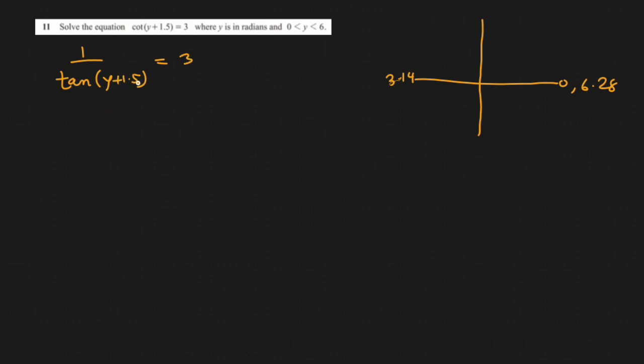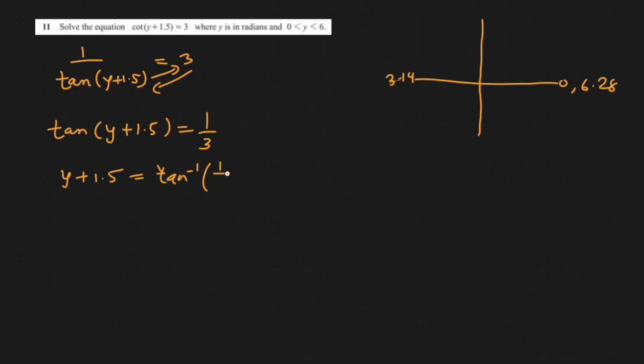So tan goes to the other side. So tan of y plus 1.5 equal to 1 over 3, cross multiplied. This went there, it came here. Alright. So y plus 1.5 equal to tan inverse 1 over 3.